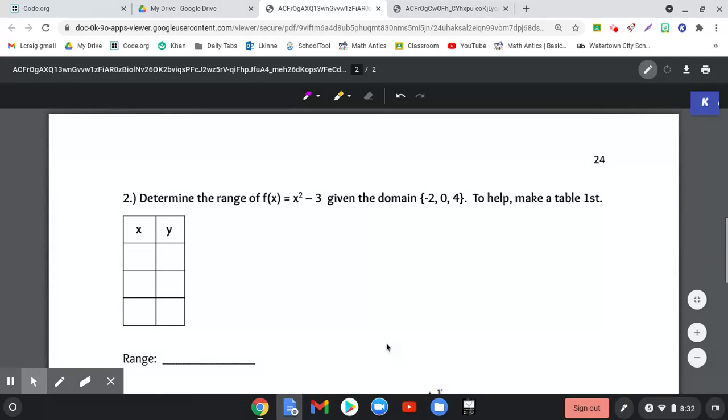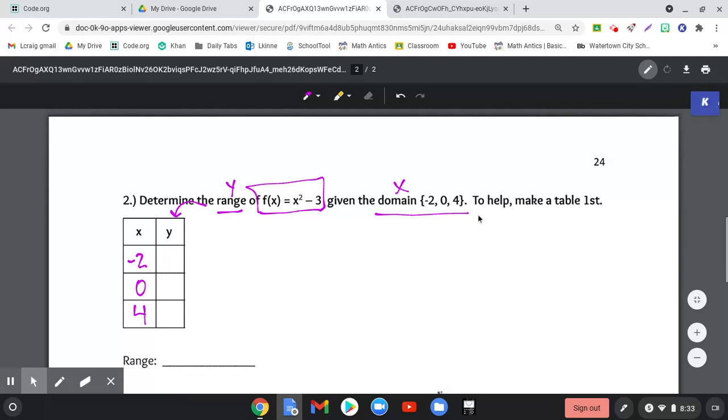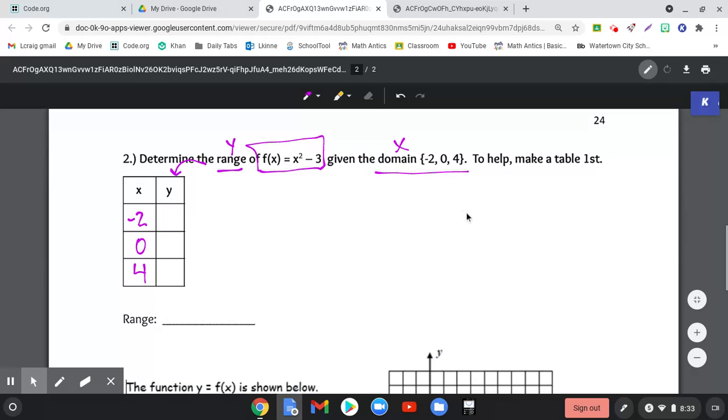Okay, on the next page, a little bit of review. Determine the range, which is just your y values. That's all range is. So figure out the y values for this function given the x values, your domain of -2, 0, and 4. So I'm going to make a little table that looks at -2, 0, and 4.